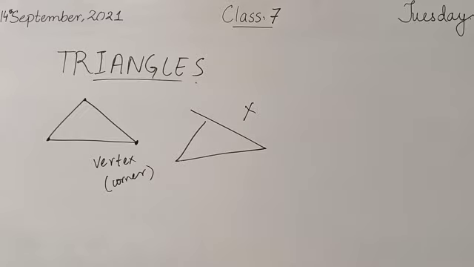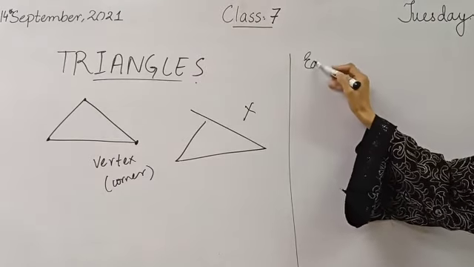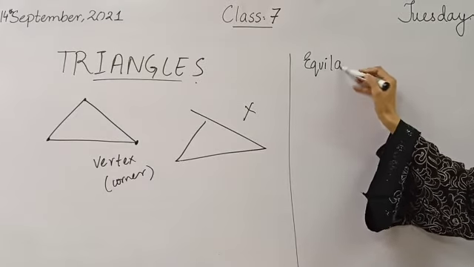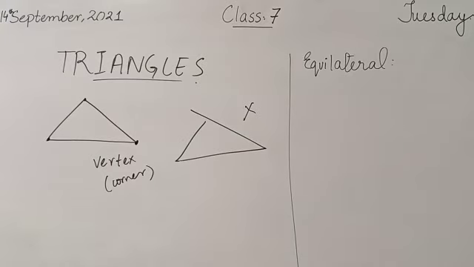Now let's talk about the types. First one is equilateral. A triangle having three equal sides and three equal angles, that is called an equilateral triangle.